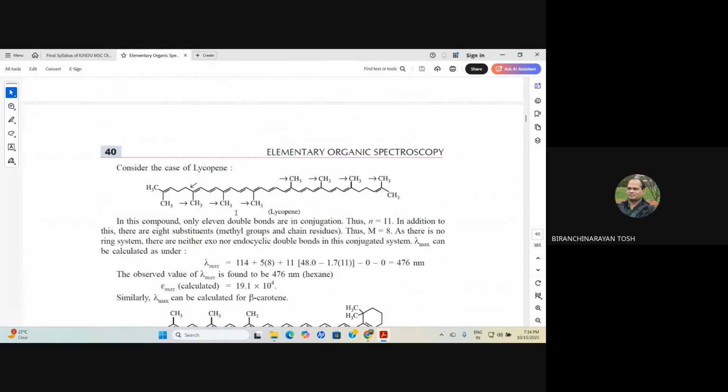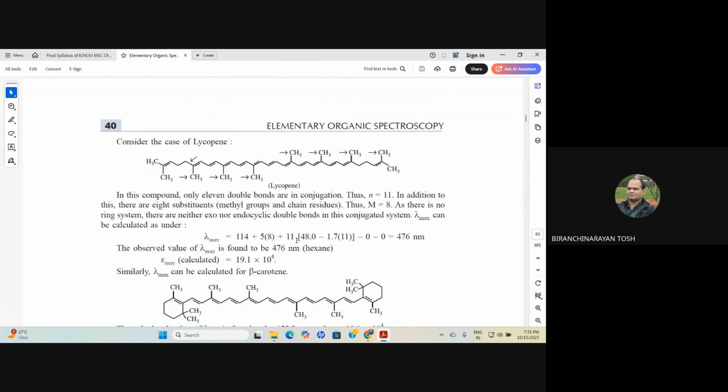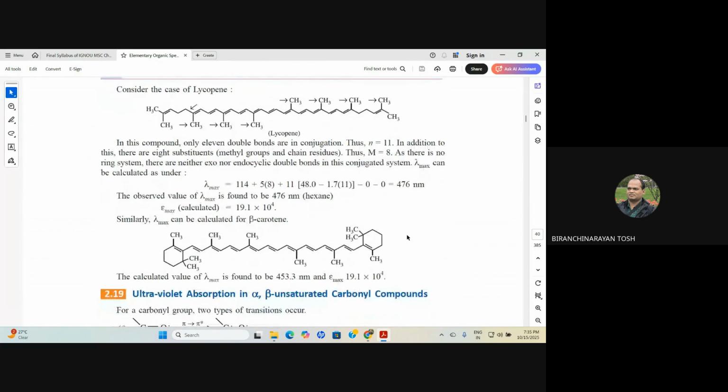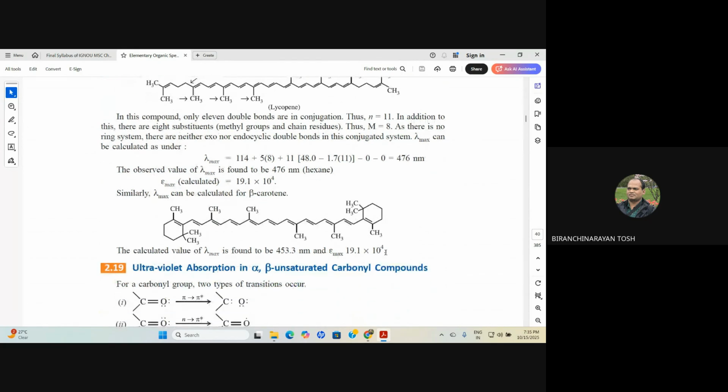In case of lycopene, you can see a conjugated system having methyl groups. So everything, if you calculate, it is coming to 476 nanometer in the visible region. So it is colored. Okay, beta carotene is also colored due to absorption at 453.